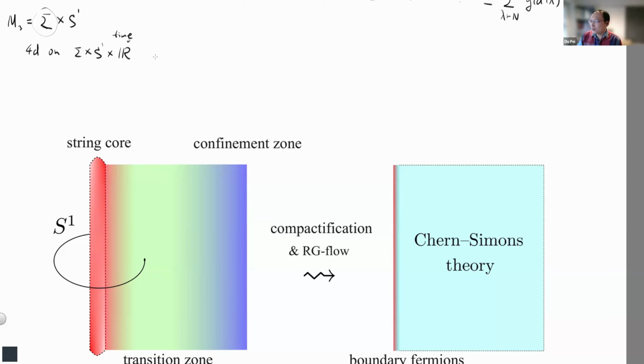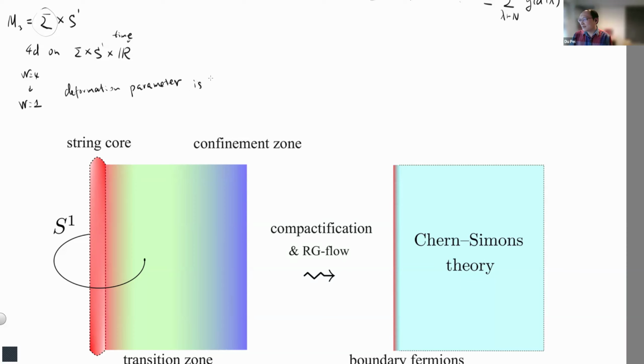And one wants to deform this from n equals 4 to n equals 1. So what happens is that the deformation parameter is a holomorphic differential on sigma.